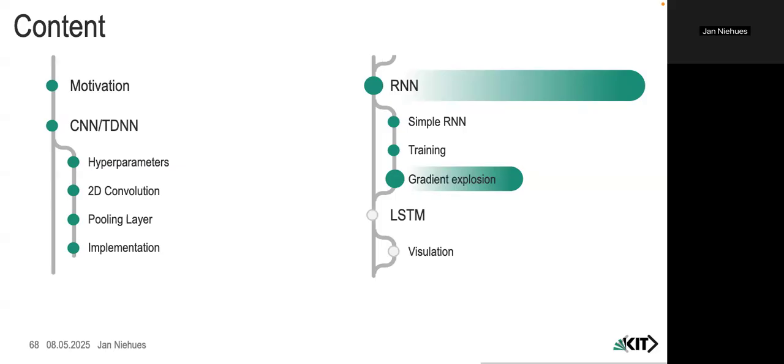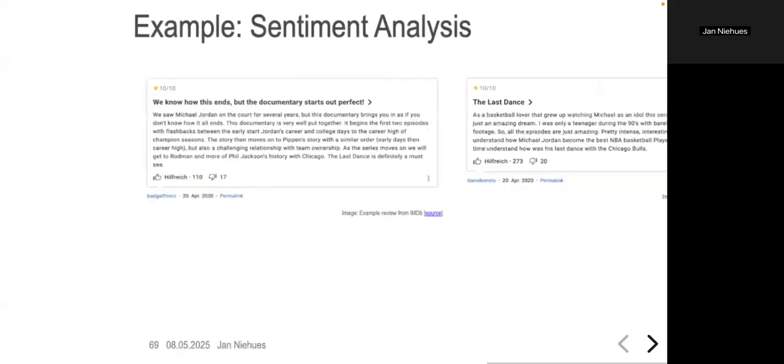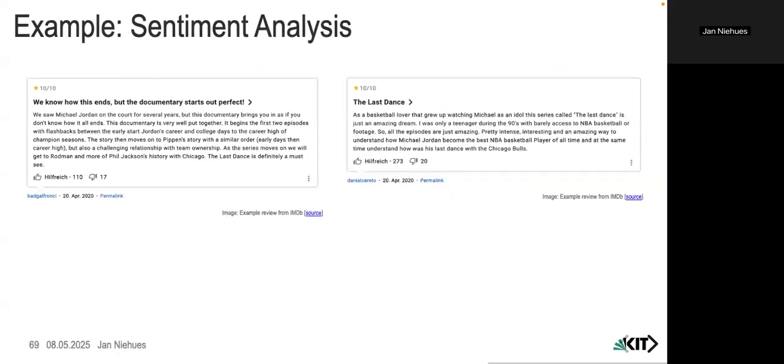But let's shortly recap what the challenge was. We visualized this problem of gradient explosion on the example of sentiment analysis. The idea was we want to use an RNN which reads in a text and then tells us whether this is positive or negative.